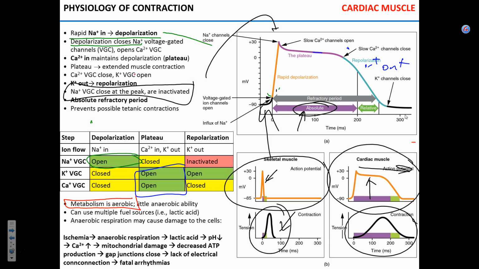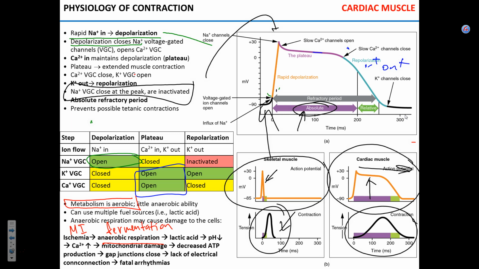But what is going to happen to the cardiac muscle in case of ischemia, in case of myocardial infarction? So ischemia leads to anaerobic respiration. Well, in this case, I should say fermentation, because it is the more accurate term.